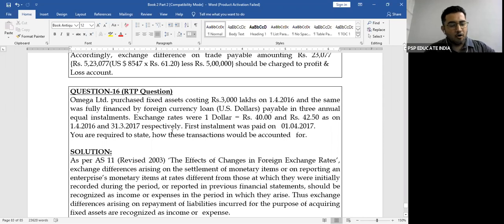Okay, quickly on the chat box. Has the question anywhere mentioned that this is for a depreciable asset or other than depreciable asset?